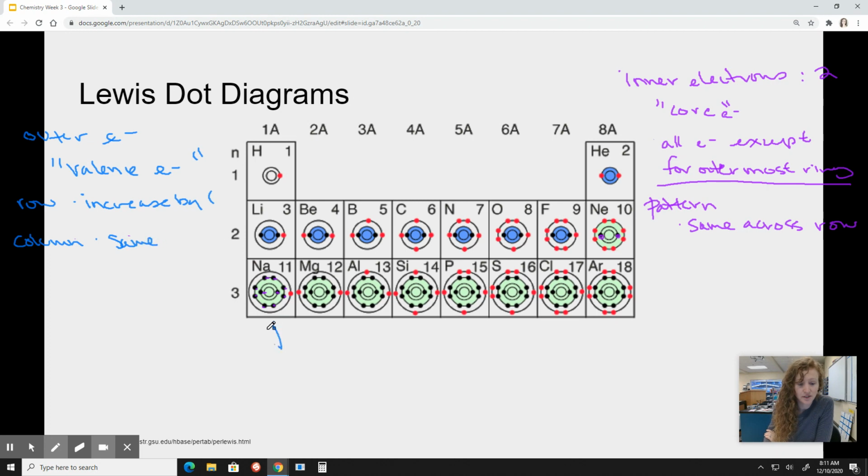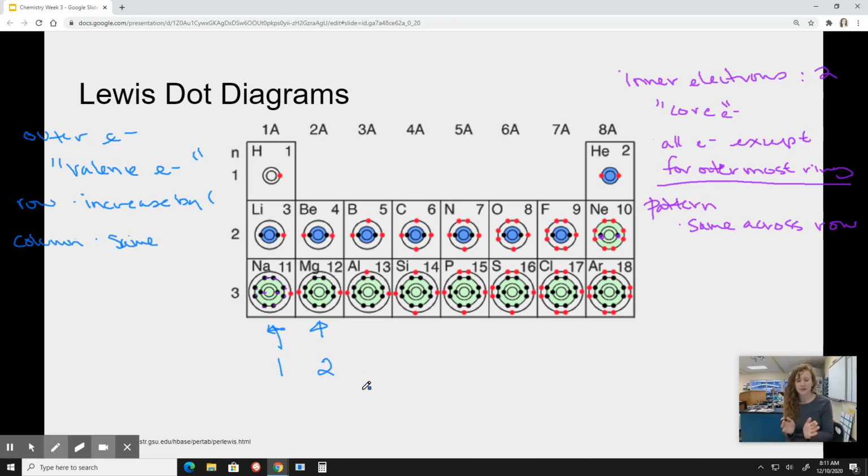In this first column, which we can also call a family, every single atom has 1 valence electron. In this second column or family, every single atom has 2 valence electrons, and so on and so forth.